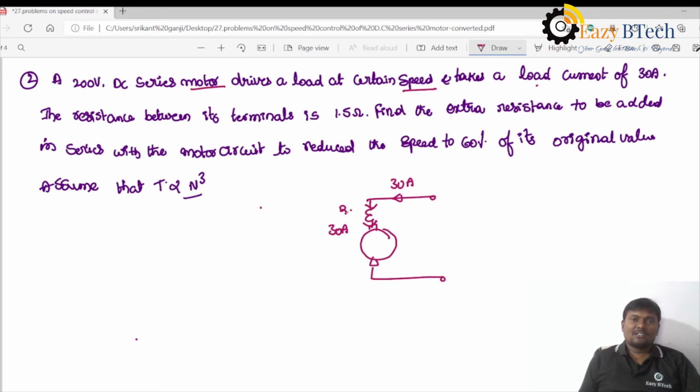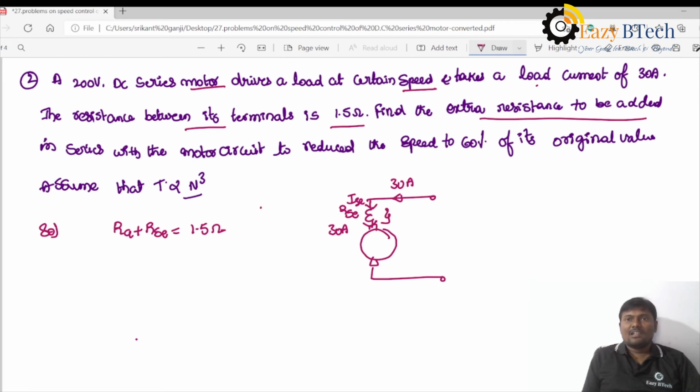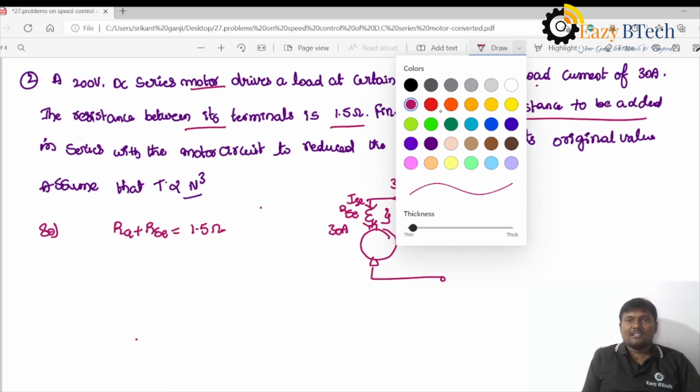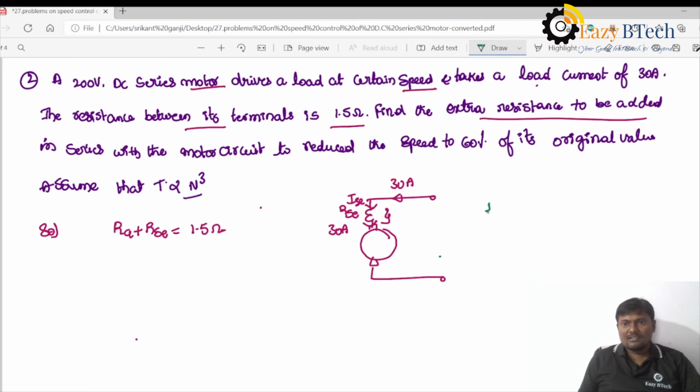So this is RSC, and ISC is like this. After that, the resistance between its terminals is 1.5, that is RA plus RSC is given as 1.5 ohms. Find the extra resistance to be added. So now I'm adding an external resistance here.